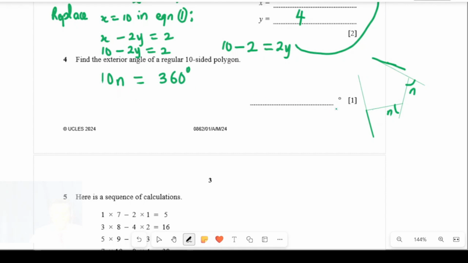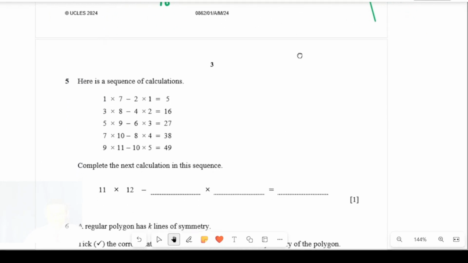Since there are 10 exterior angles in a regular polygon, if you add all the exterior angles together, n is called the exterior angle, while this angle here is called the interior angle. So we have 10n equals 360. Divide both sides by 10. So n equals 360 divided by 10 to give 36 degrees. So that is the value of the angle.